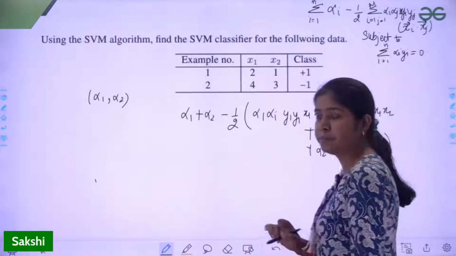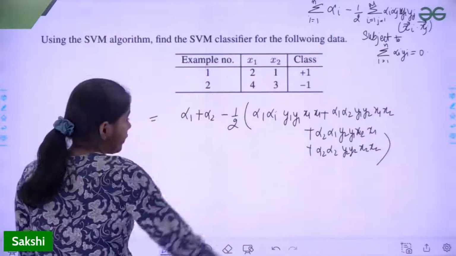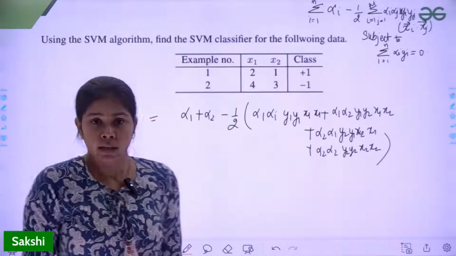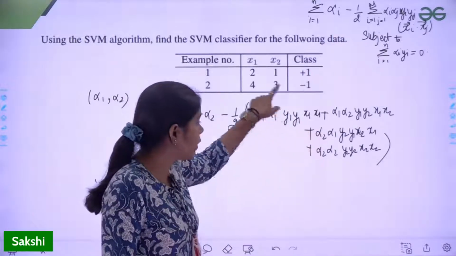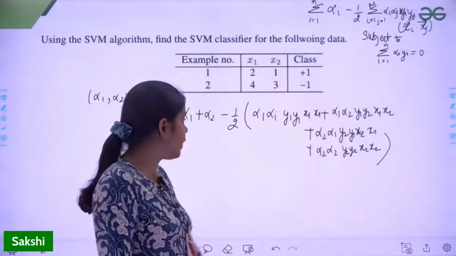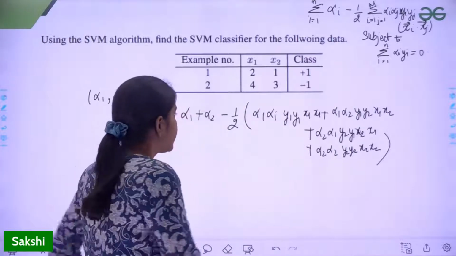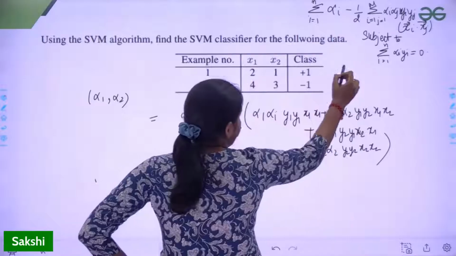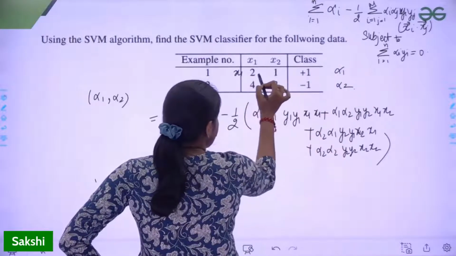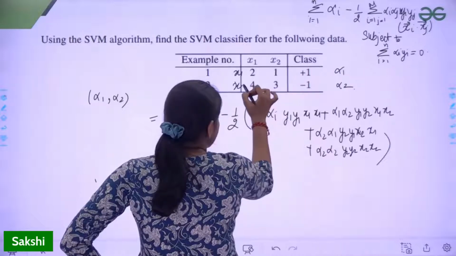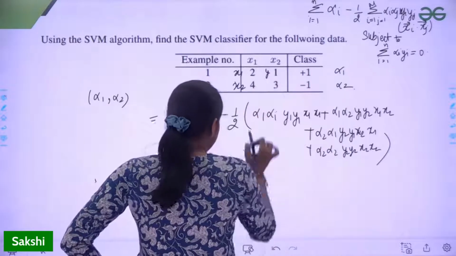We have this data. Now I have all the values of x1 y1 and x2 y2. So let's put the values. So what is x1 y1? I have to find out alpha 1 corresponding to that, alpha 2 corresponding to that. So this is x1, this is x2, sorry.